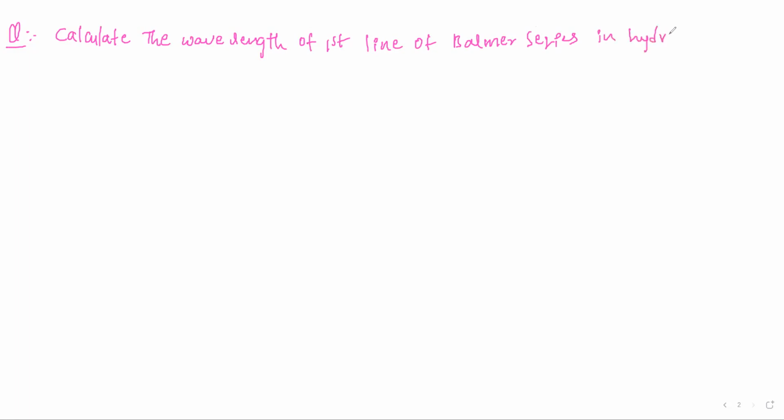The question is, calculate the wavelength of the first line of Balmer series in hydrogen spectrum.